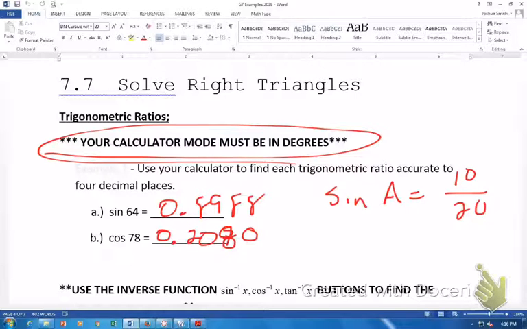We want to know what this angle is, right? Well, I said before that sine, cosine, and tangent need an angle measure. If they don't have an angle measure, then we can't use it.